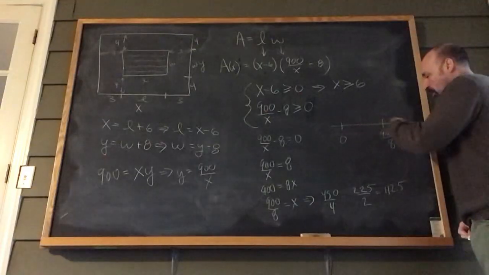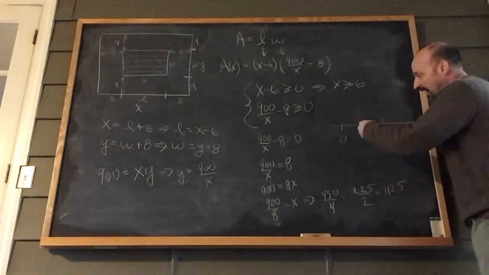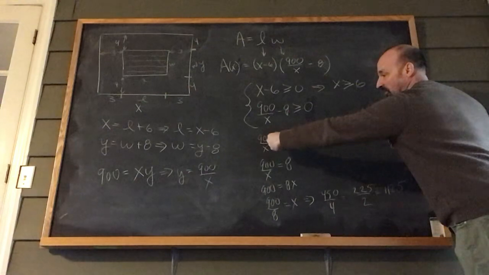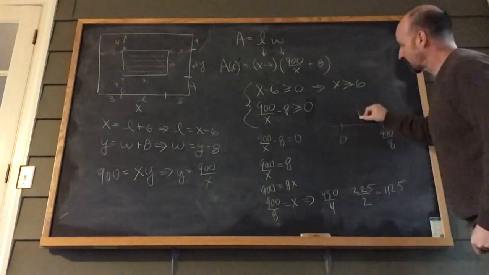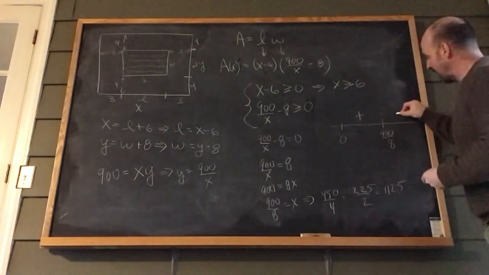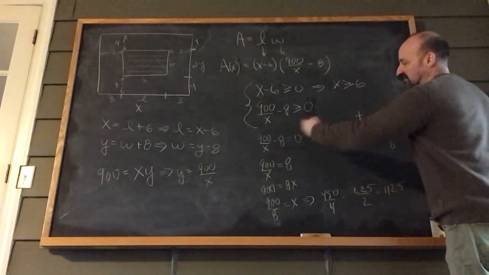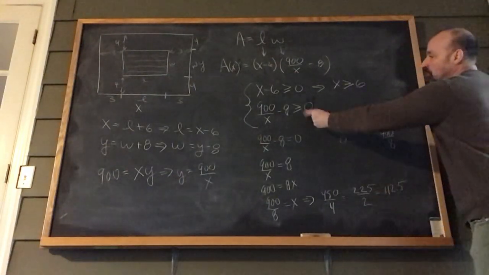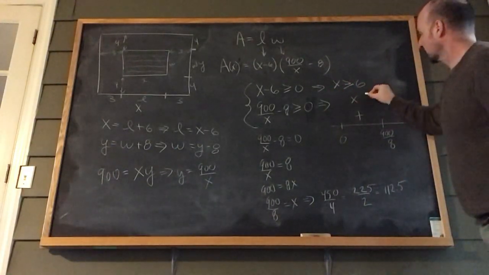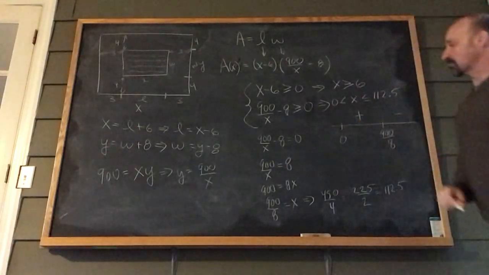Okay, so now take a test point in these intervals and see what the sign on 900 over x minus 8 is. Like if I let x be 1, this 900 over x minus 8 would be positive. If I let it be something out here like 200, it would be negative. And I'm not even going to consider this over here because this would imply that x is a negative value. So the solution to this one here is x has got to be between 0 and 112.5.